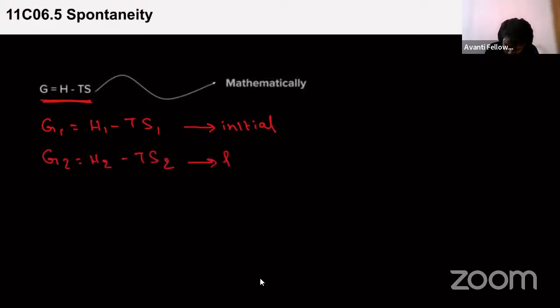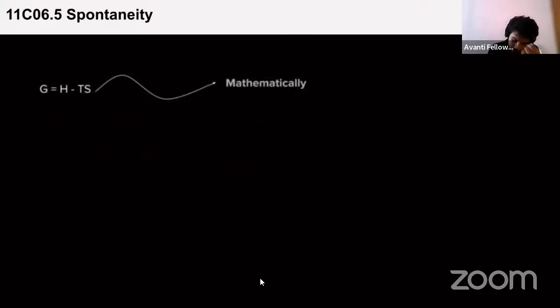These are our final conditions. Generally, you know that entropy or enthalpy, these things we cannot calculate at a particular point itself. So what we do is take an initial position of a system and a final position of the system, and then calculate the difference between these two. What is the energy difference between these two positions? The same thing we'll be doing with Gibbs free energy also.